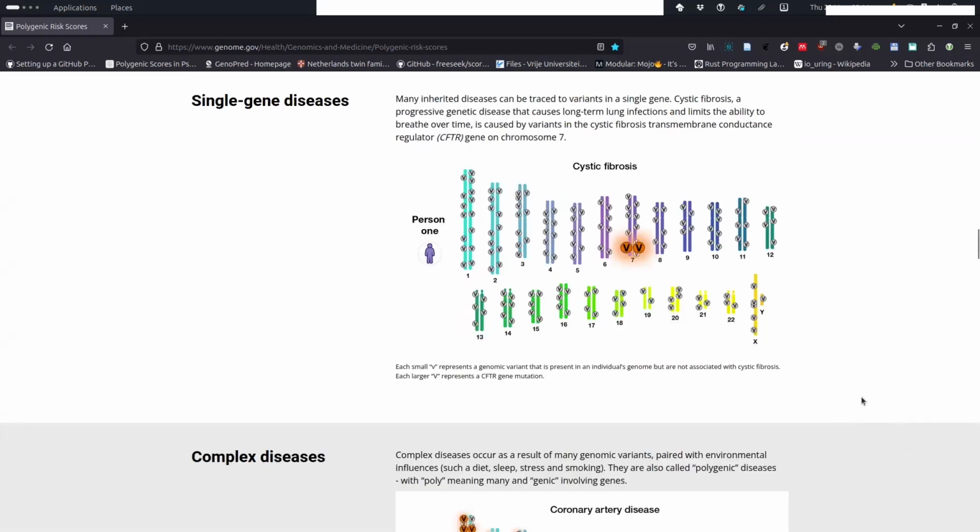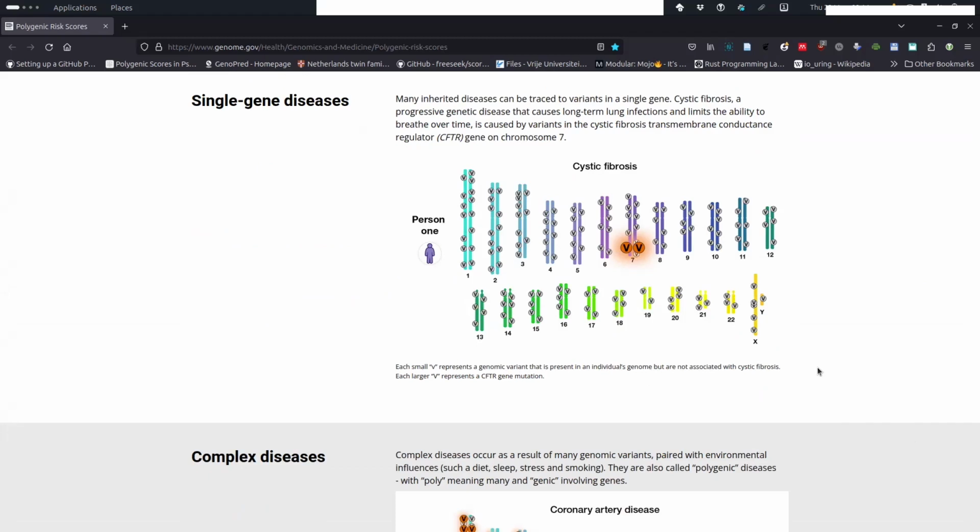We've seen in our course that there are some diseases that are caused by only single genes.